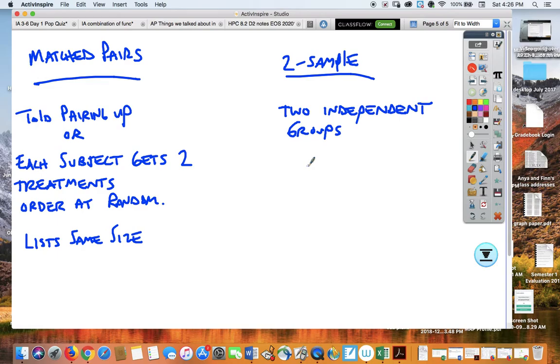Two completely different groups. Sometimes they will be the same size. But if you notice that they are different sizes, it can't be matched pairs.